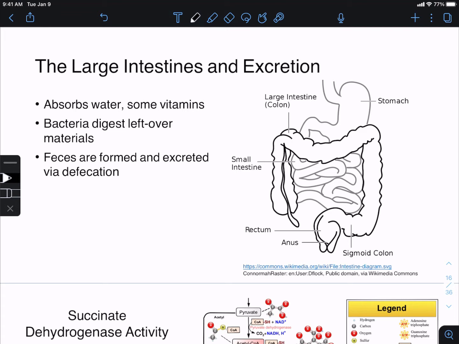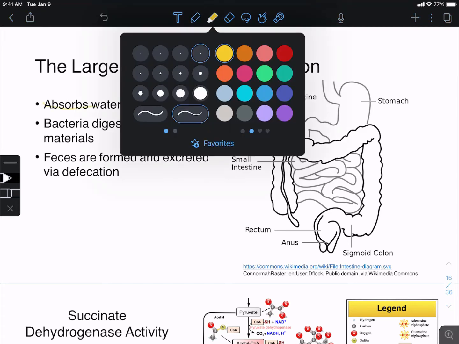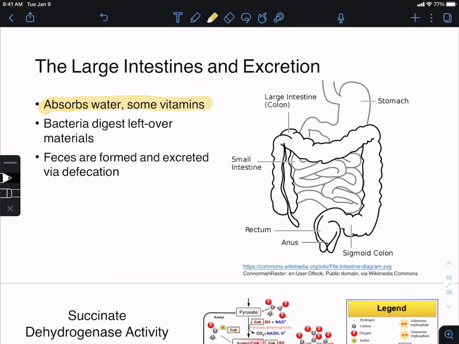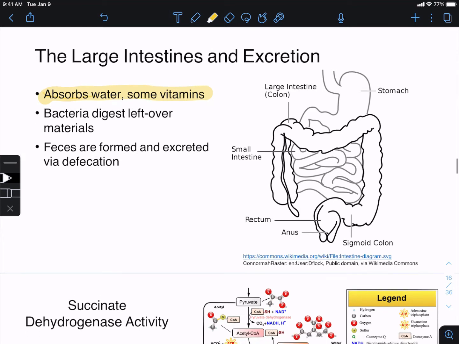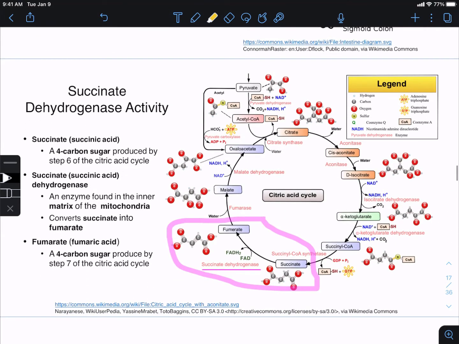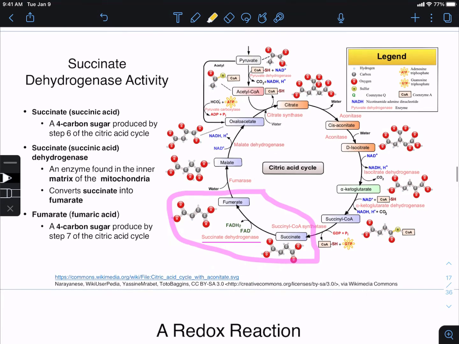Large intestines, just briefly, primarily involved in the absorption of water, some vitamins, not much else. Bacteria in the large intestines are going to digest the leftover material, and with the help of the bacteria as well as the removal of water, we're going to end up forming the feces that'll be excreted via defecation. And so that's basically the overview of digestion.